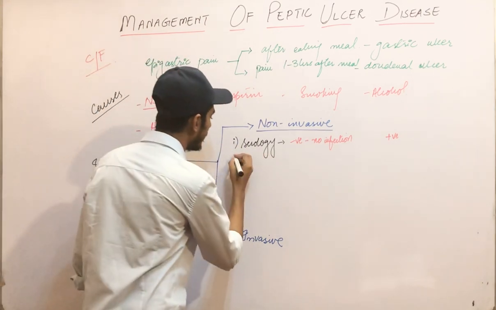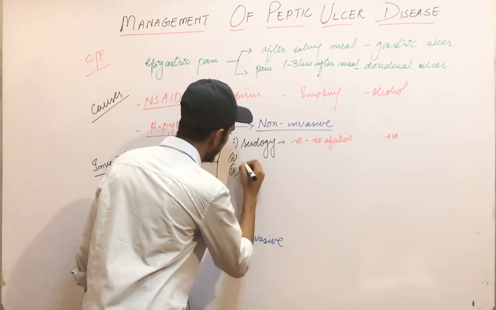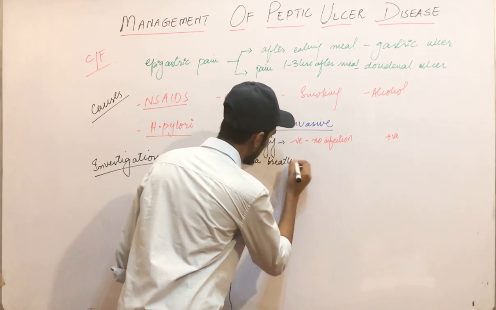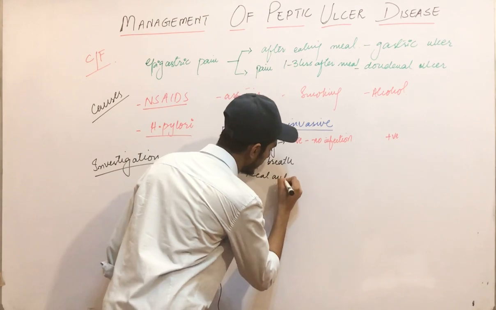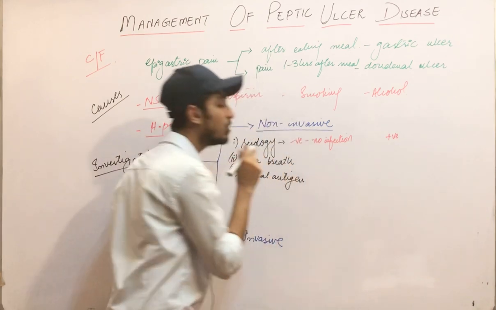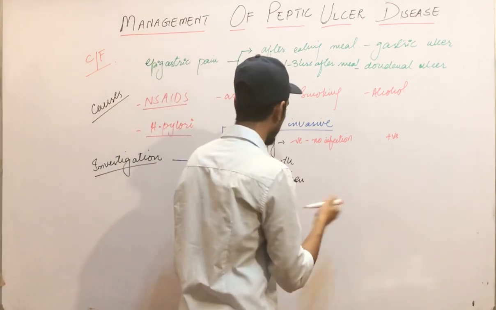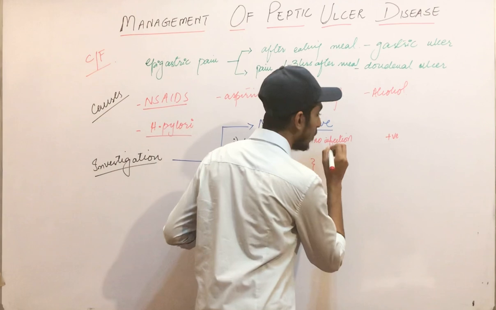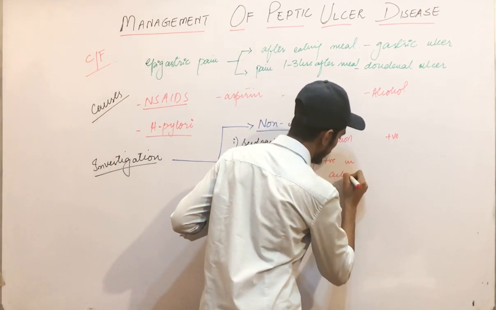Now to differentiate this, we have another two tests, that is the urea breath test and the fecal antigen test. These are the non-invasive tests. Clear? These two tests, urea breath test and the fecal antigen test, are only and only positive in the active infection.